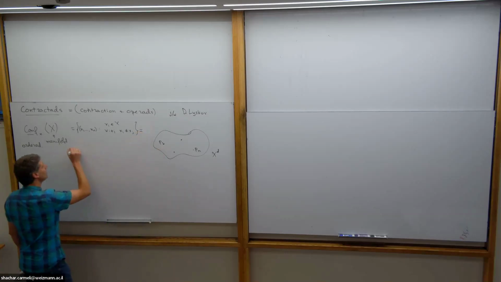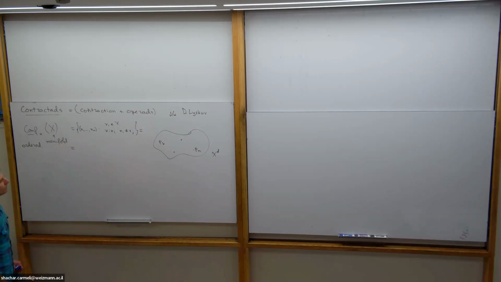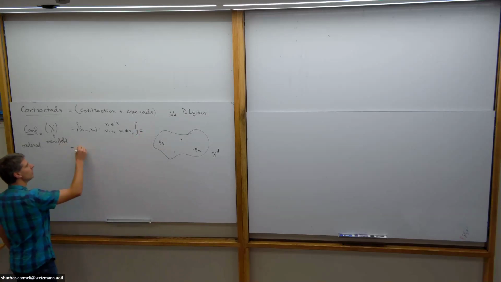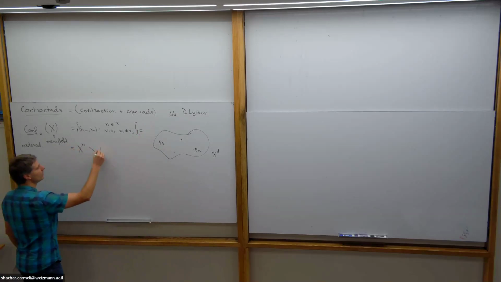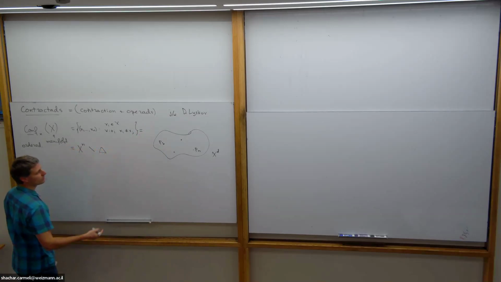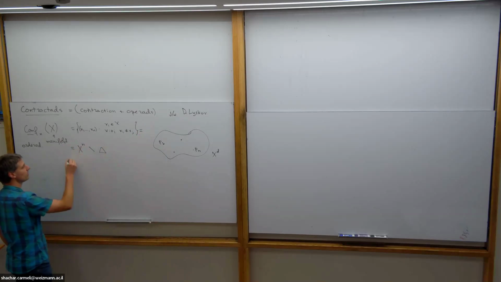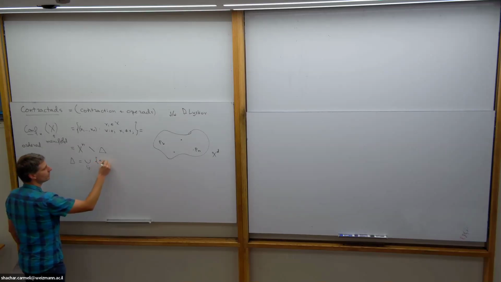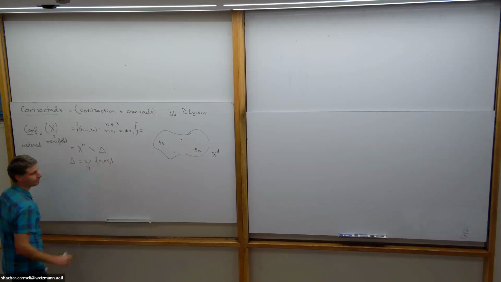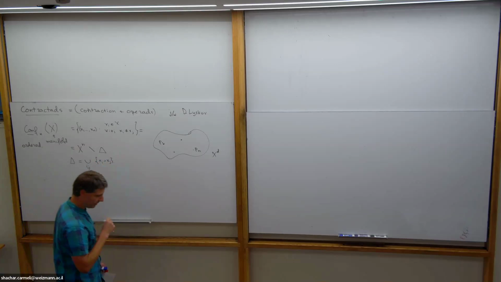So let me rephrase this in a bit more fancy way: this is X^n without the diagonal Delta, where Delta is the set of diagonals in X^n. So Delta is just the union, indexed by pairs, of xi equals xj. This is the main object of my study so far.